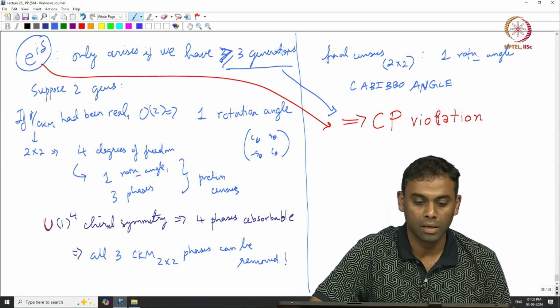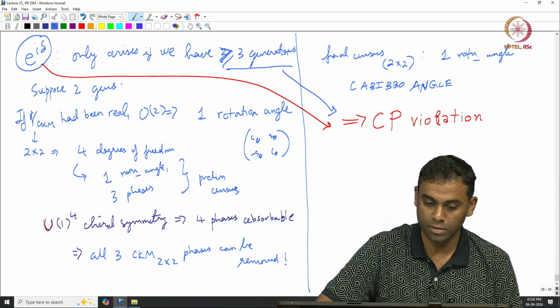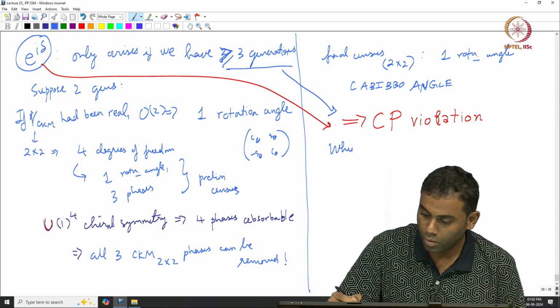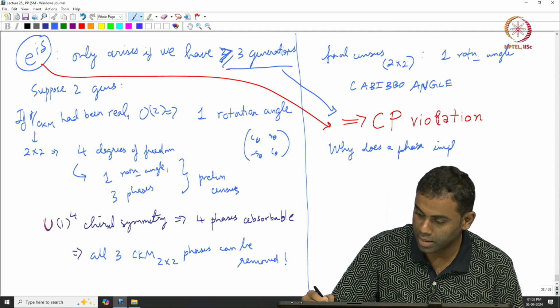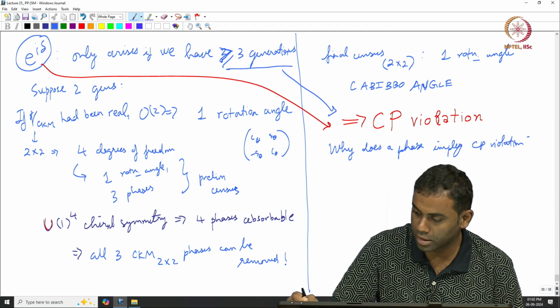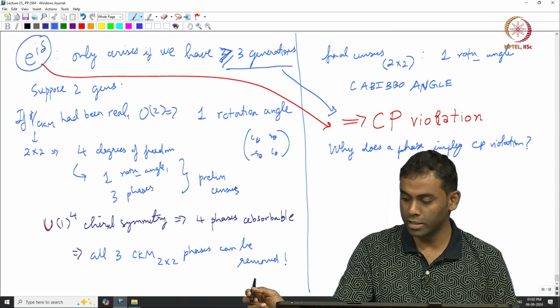Okay. What this still does not tell you is, why does a phase imply CP violation? That is still not clear, it is just a claim that I am making, right.